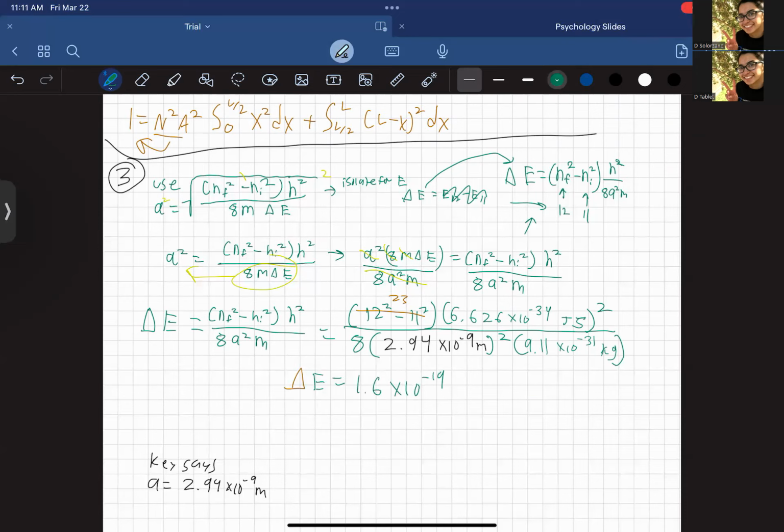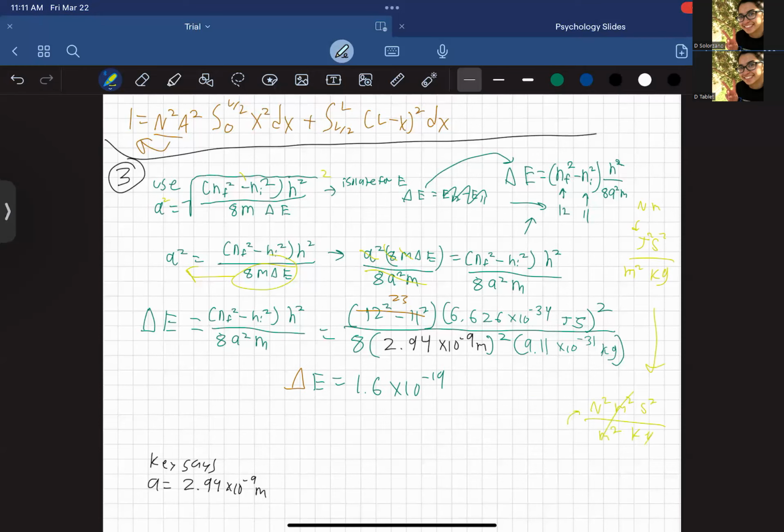And then the units for that. We're going to have joule seconds, both squared, over meters squared and kilograms. Joules, I believe, are newton meters. So that becomes newtons squared, meters squared, seconds squared over meters squared kilograms. Those two cancel out.